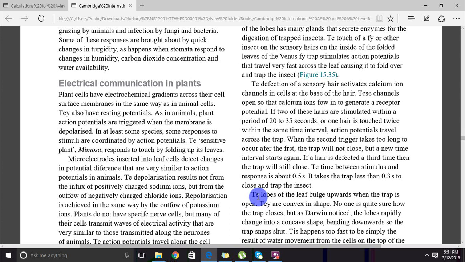So you can say that some but not all plants are capable of producing action potentials, and in the examples you can write the mimosa plant.